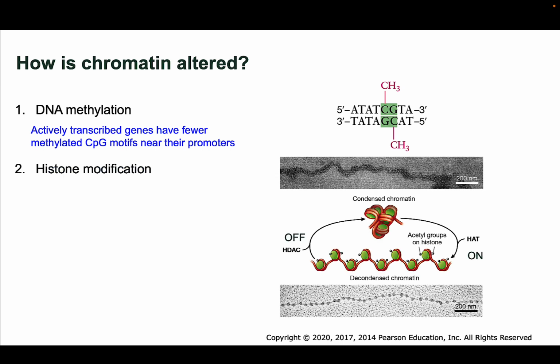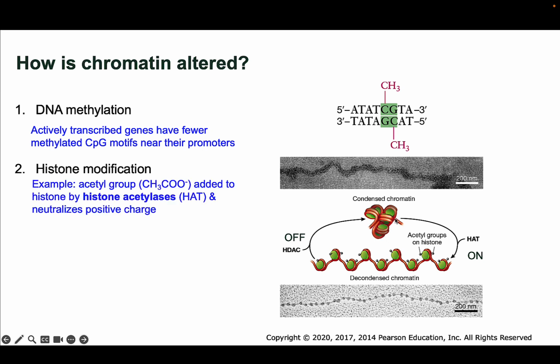Another common way to alter chromatin is by modifying the histones. And this is the one I really want you to focus on. So here we have chromatin wrapped very tightly in a fiber. And you can see they're all clustered together.